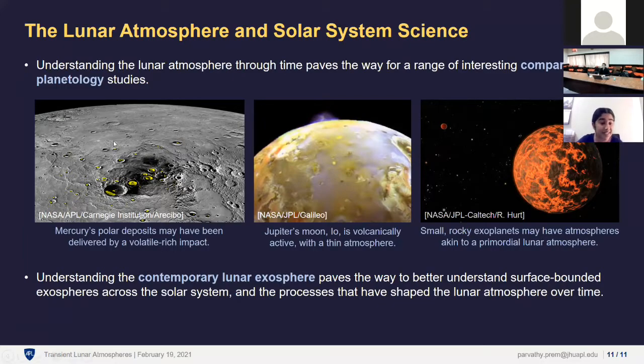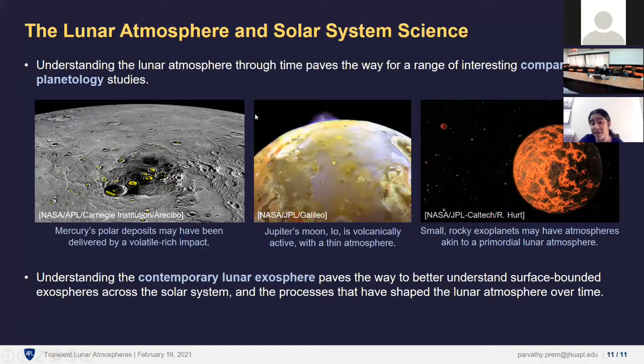So for instance, we know now over the course of the past decade that Mercury has polar deposits of water ice and perhaps some organic compounds, some dark volatiles that haven't been identified yet. But we think that Mercury's polar deposits might have been delivered by a volatile-rich impact. And so understanding impact-generated atmospheres has consequences not just for the moon, but also for Mercury.